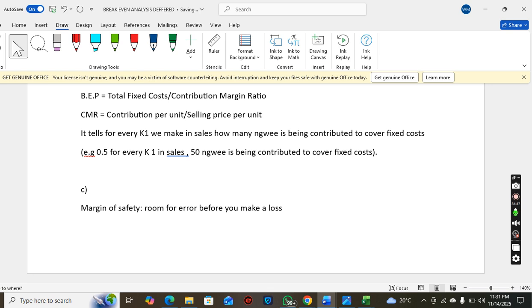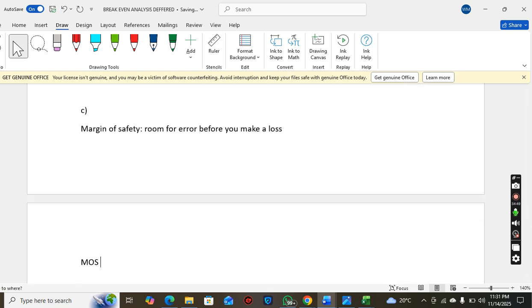So margin of safety in units, MOS in units, is actual sales in units minus your break-even point in units.